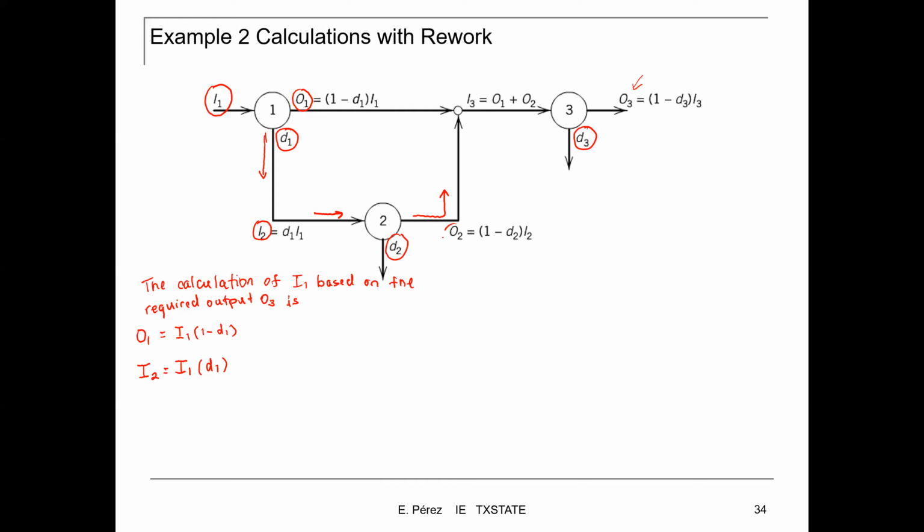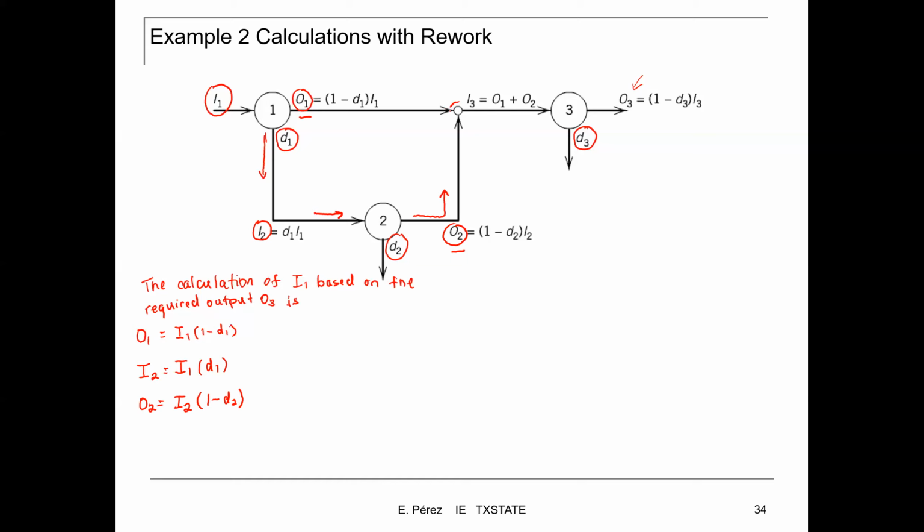So the next thing that we want to use is the definition of O2, and we know that the output of 2 is going to be equal to the input of 2 times 1 minus the defects that we are going to see in that station. Okay. So knowing all that information, now we have the information for O2, we have the information about O1.